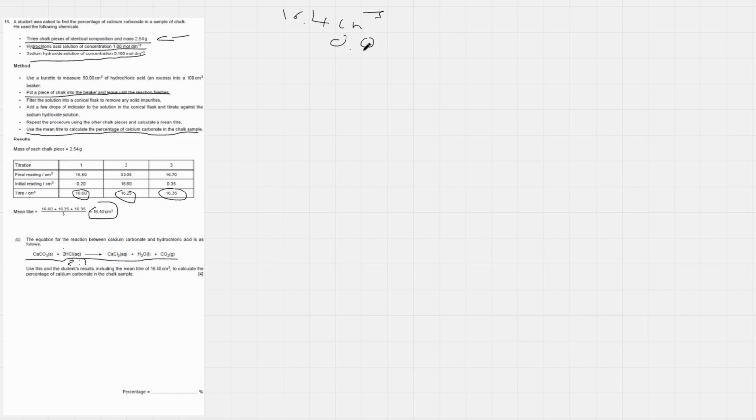So it's 100 milliliters, that's 10, so it's 0.0164 decimeters cubed, NaOH, because you can see here, titrate against the sodium hydroxide solution. So that's how many decimeters cubed of sodium hydroxide solution was needed to neutralize the remaining acid.